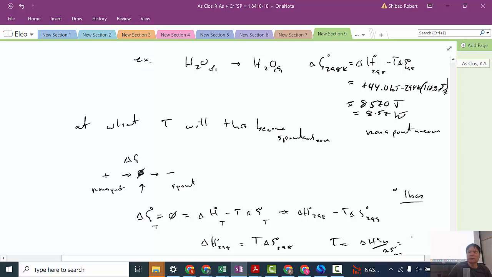And our delta H we just calculated, that's 44,000 joules, and our delta S is 118.89 joules per Kelvin. And so I'm going to take 44,000 divided by 118.89.